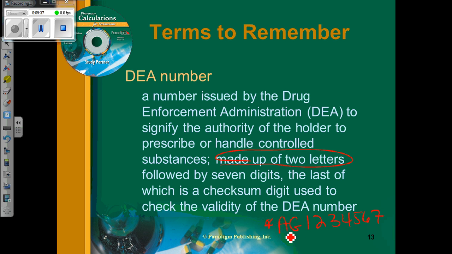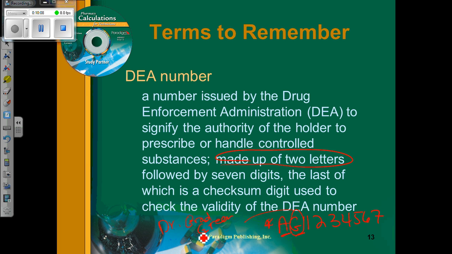But if you notice here, the first letter, not always, but can designate the type of authority the holder has. The last letter, this might be like Doctor Brad Green, always refers to the first letter of his last name.